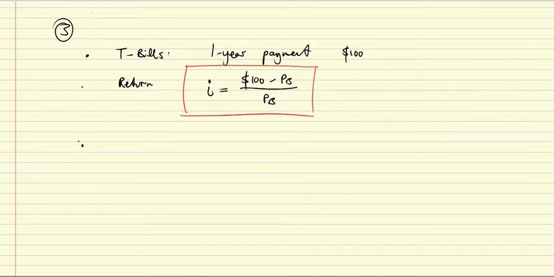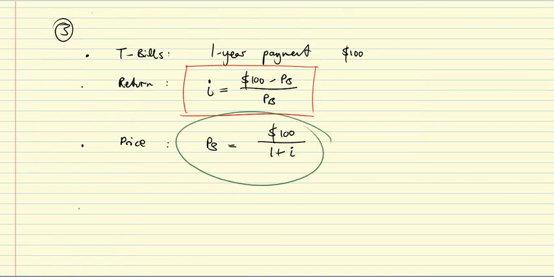This formula implies as well a statement for the price of the bond. Namely, if you algebraically solve this out for PB, what you get is $100 divided by 1 plus the interest rate. Now, that leads us to an important conclusion, namely that the bond price varies inversely with the interest rate.